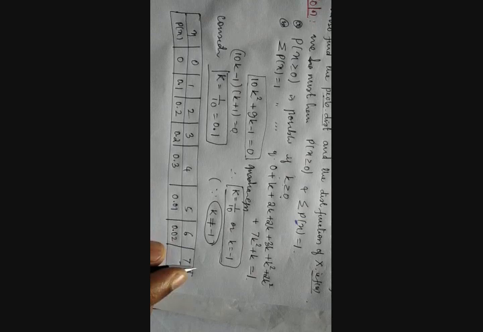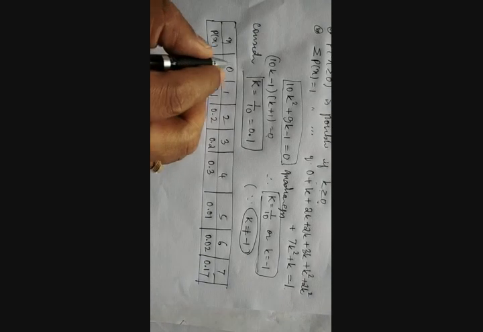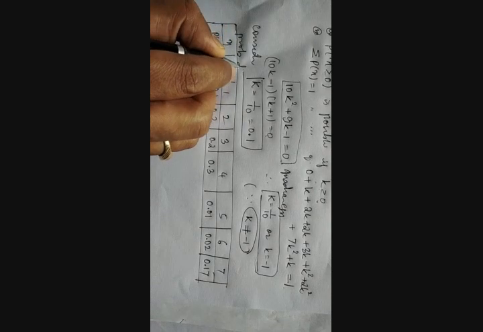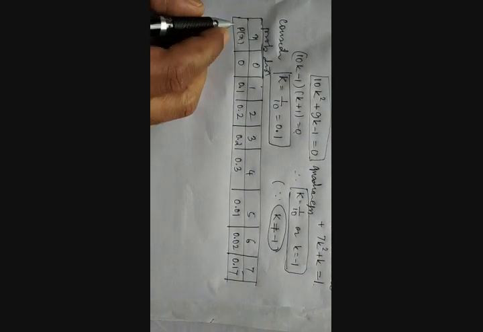K square means 0.1 squared, which is 0.01. Next 2 times k square becomes 0.02. Then 7k square plus k means 7 into 0.1 square plus k, that becomes 0.17. So this is the new distribution. This is called the discrete probability distribution. So one question is already solved. Next, k is also calculated, so this is also over.